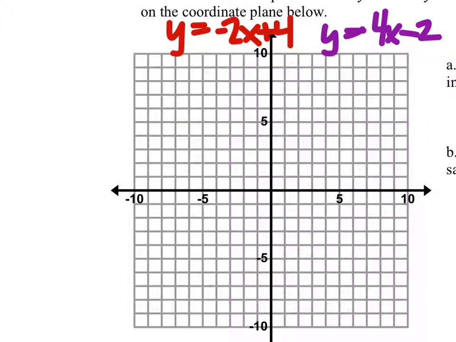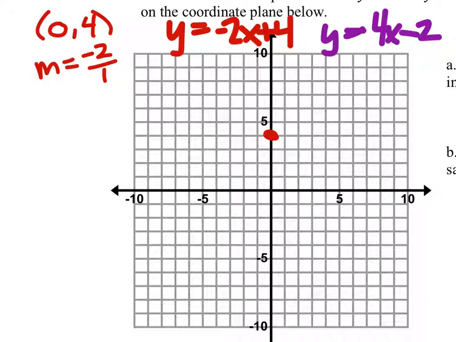Now I'm going to do these in different colors so we can tell the difference of which one is which. The red one will be y equals negative 2x plus 4. So that gives us a y-intercept of 0, 4 and a slope of negative 2 over 1. So from 0, 4, which is right here, the y-intercept, we're going to go down 2 and to the right one, and down 2 to the right one.